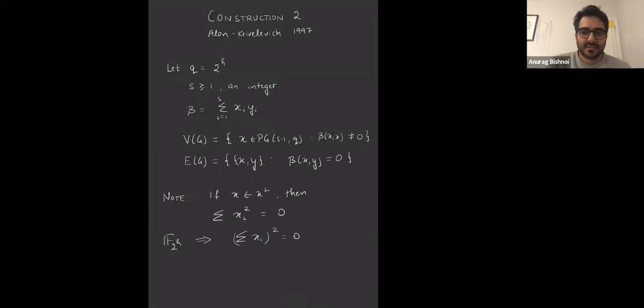Right? x going to x squared is a field automorphism. But this implies that x is in the hyperplane defined by the sum of xi equal to 0.